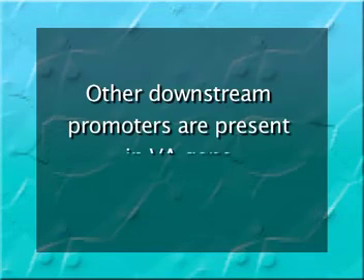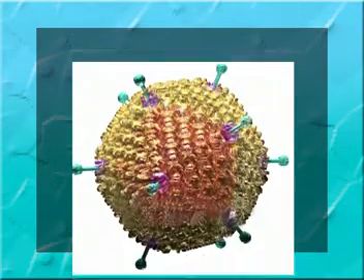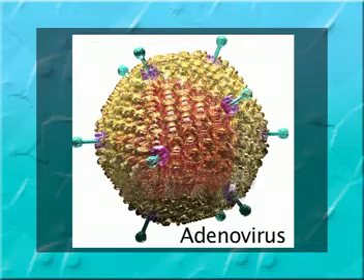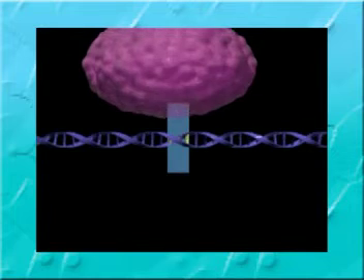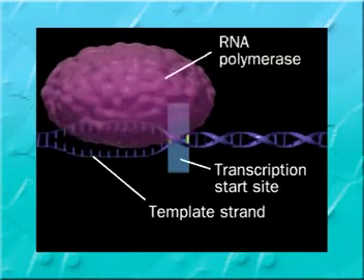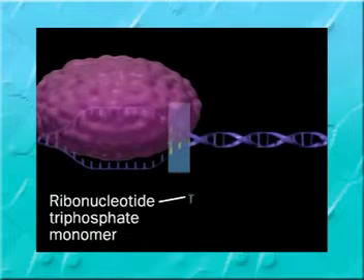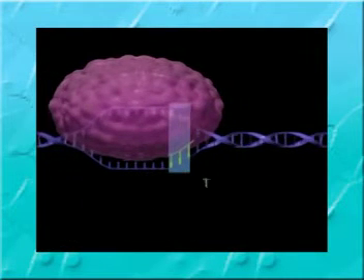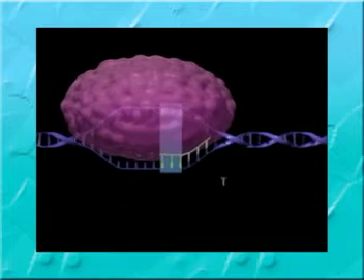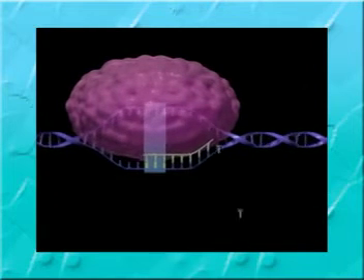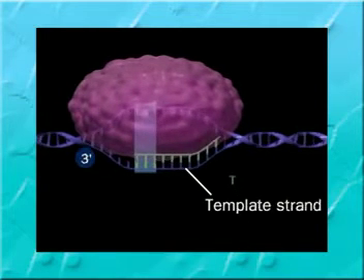Other downstream promoters are present in the VA gene of adenovirus, which is between plus 9 to plus 72. Normally, the RNA polymerase binds to the promoter covering about 60 nucleotides, within the minus 50 to plus 30 region, and initiates the RNA synthesis.